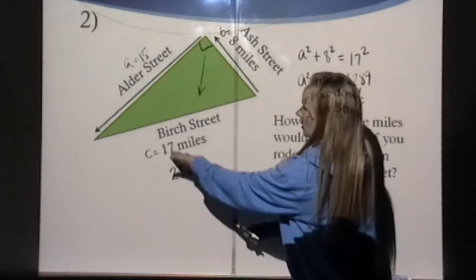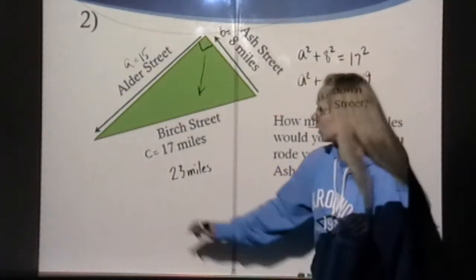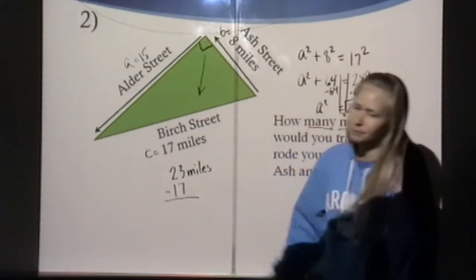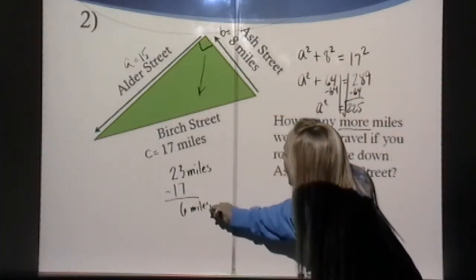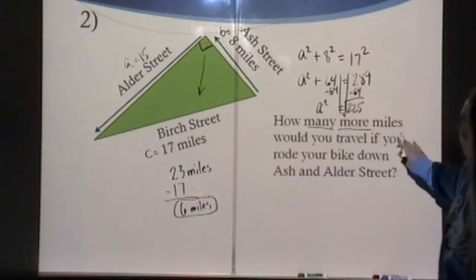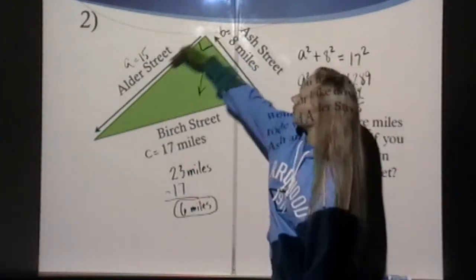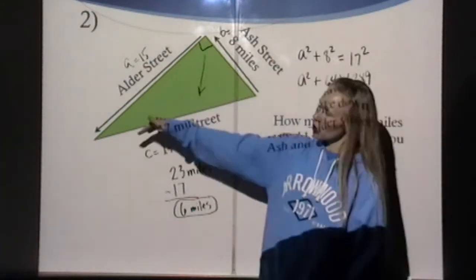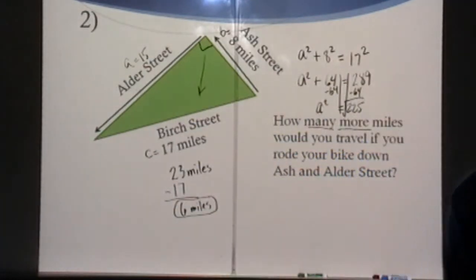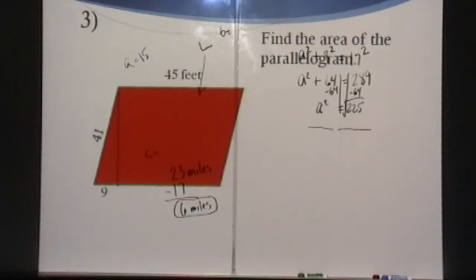Well, what's the difference between 17 and 23? If I subtract 17, I get 6 miles. So how many more miles would I travel by taking Ash and then Alder? You travel 6 more miles than if you took the shortcut and took Birch Street. All right, here's number 3.